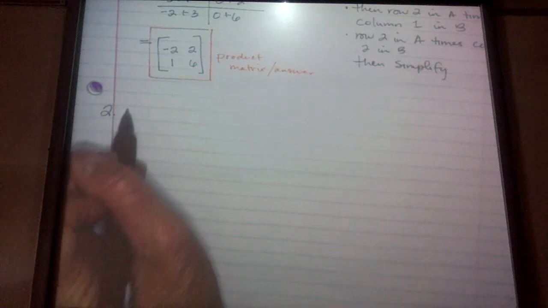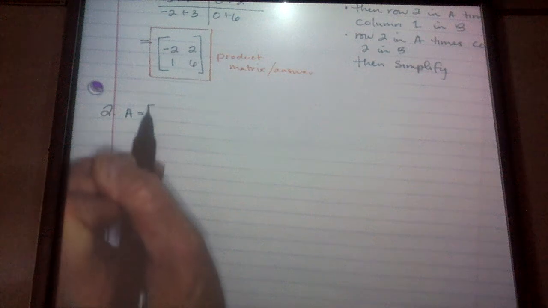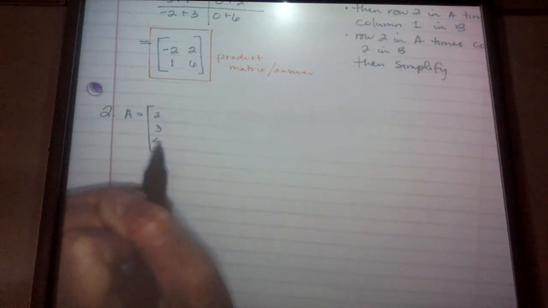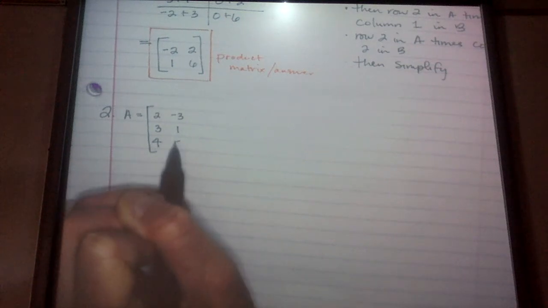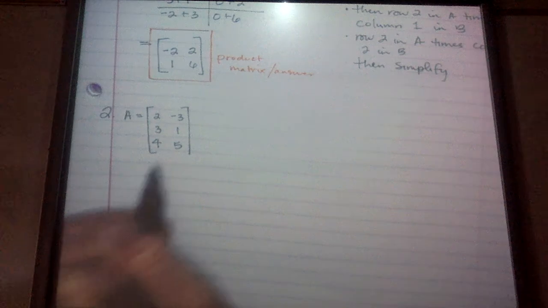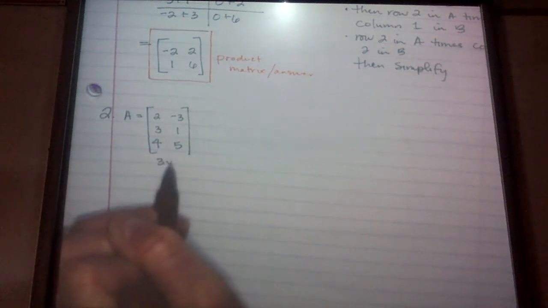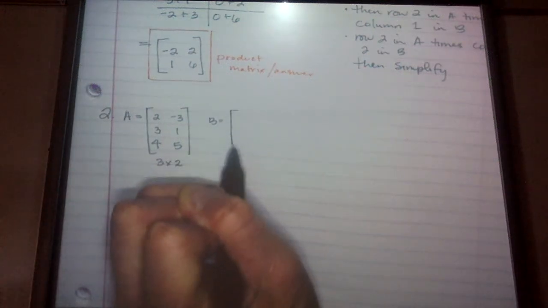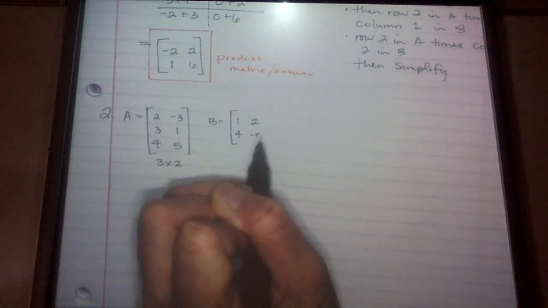So matrix A this time is 2, 3, 4, and here negative 3, 1, 5. So this time I have a 3 by 2, correct? This is a 3 by 2. B is 1, 4, 2, negative 5.